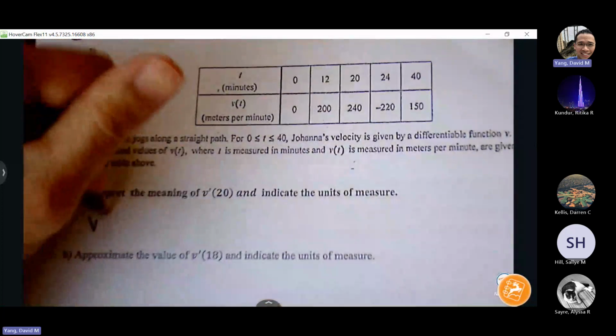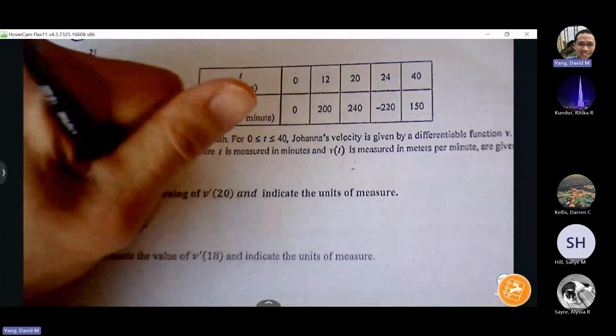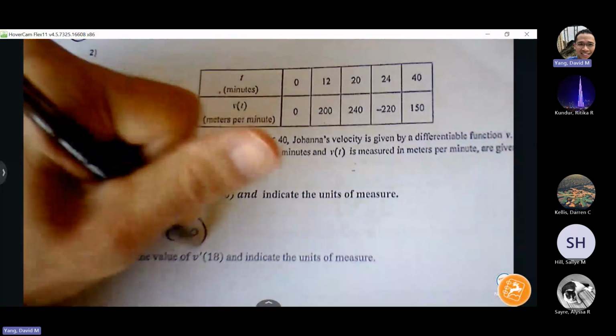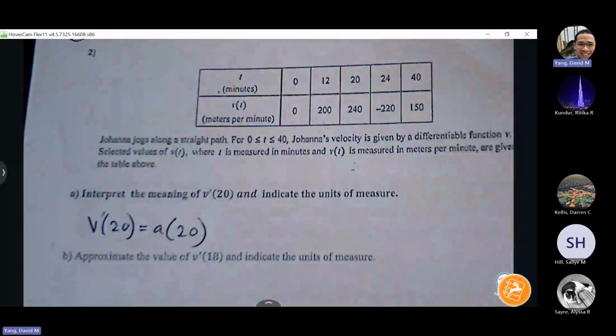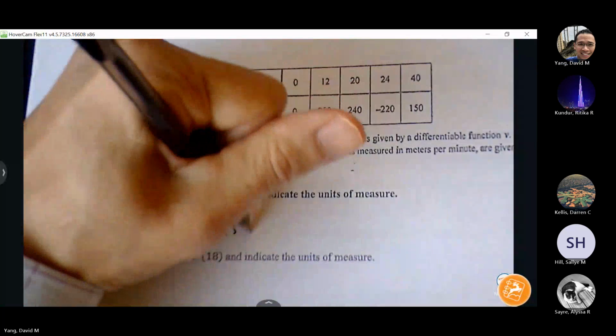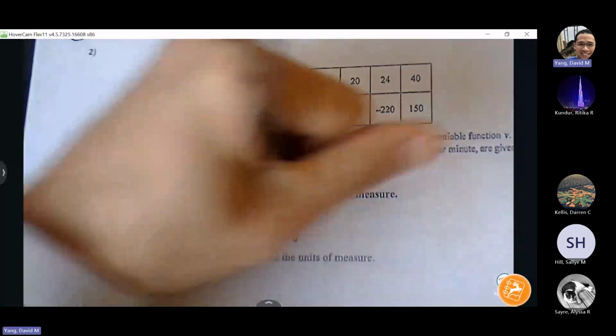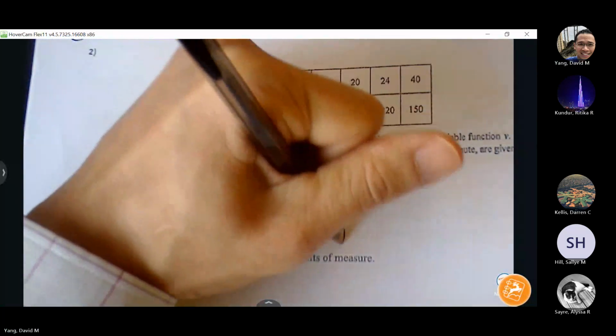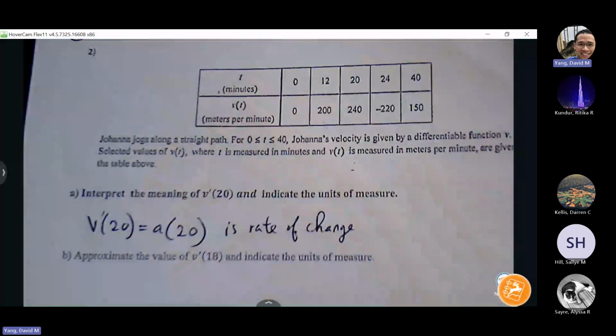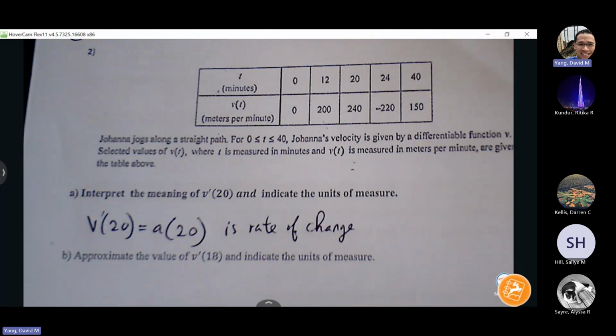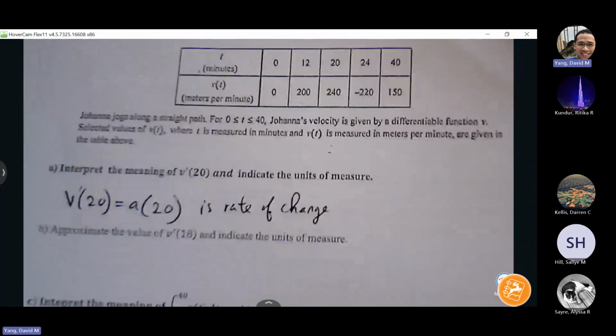So v prime of 20 is the acceleration at 20, which is the rate of change of velocity. The rate at which what? Johnson's velocity. You want to say the rate of change of velocity, basically.